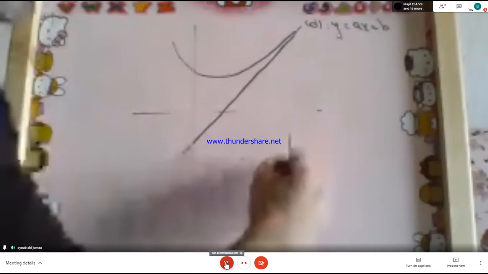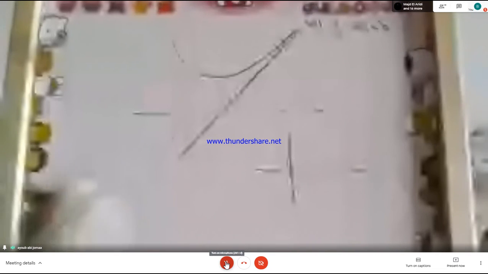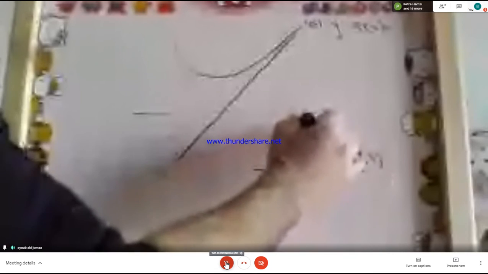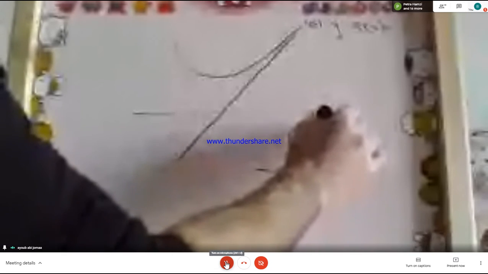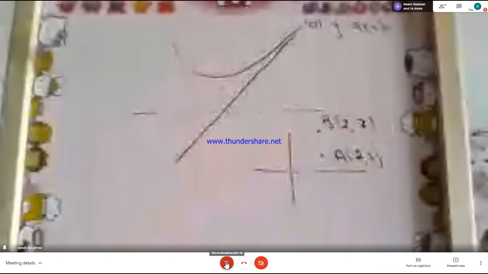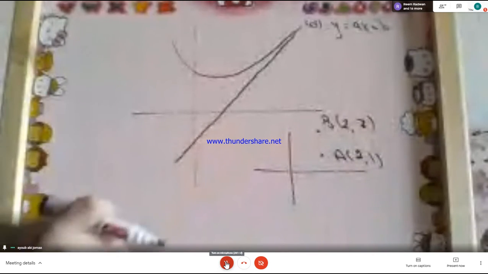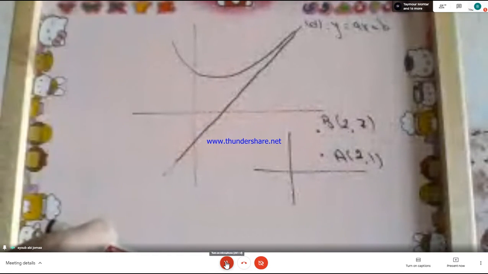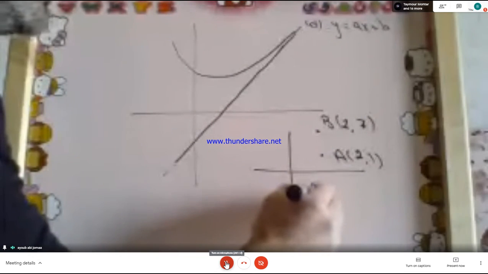If you have 2 points in the coordinate system, let's say point A has coordinates (2, 1) and point B has coordinates (2, 7). What will be the distance from A to B?